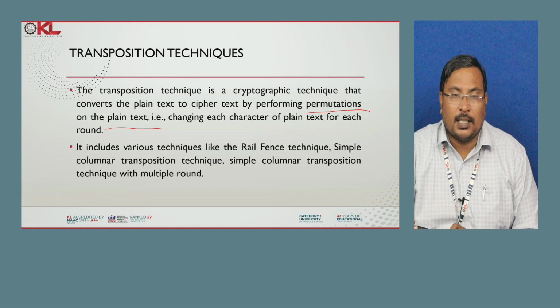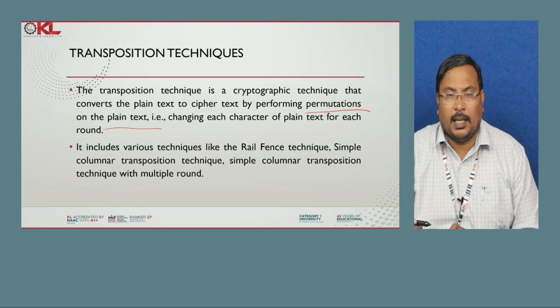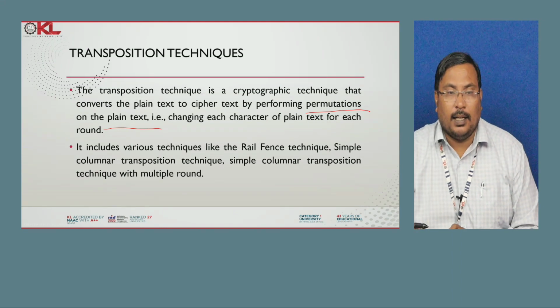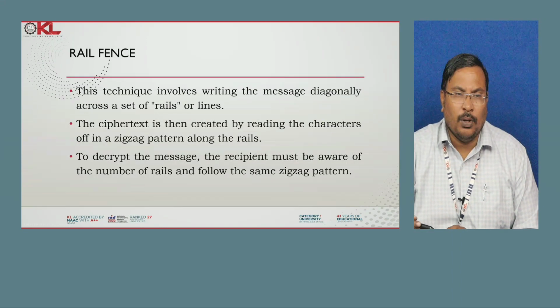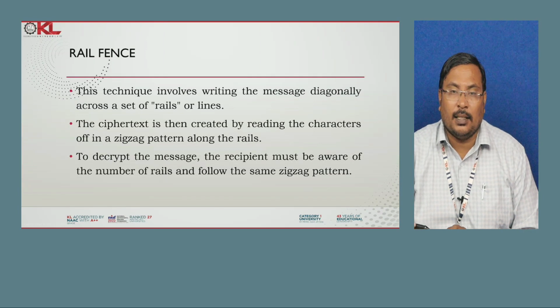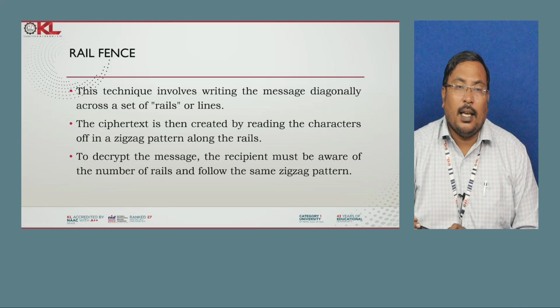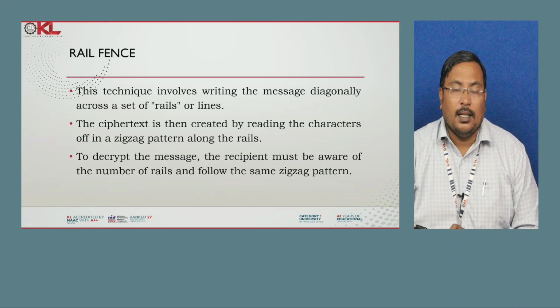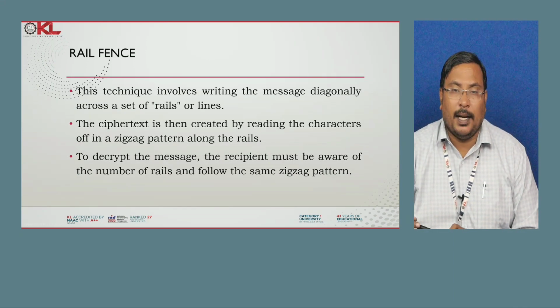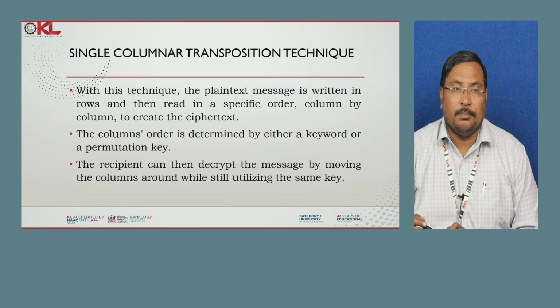It includes various techniques like rail fence technique, simple column technique, double column technique, etc. The rail fence technique involves writing the message diagonally across a set of rails or lines. The ciphertext is created by reading the characters in a zigzagging pattern among the rails. To decrypt the message, the reverse process is performed.